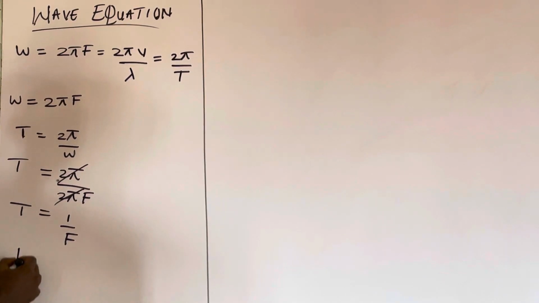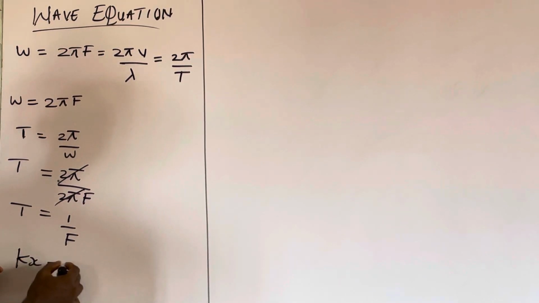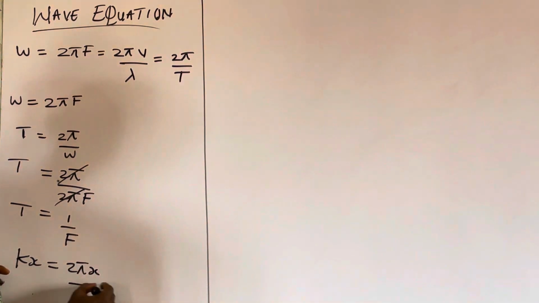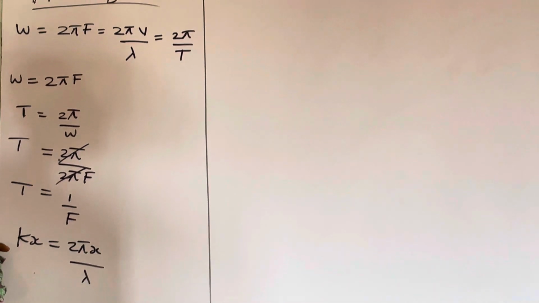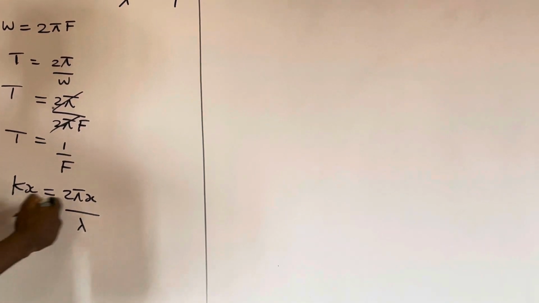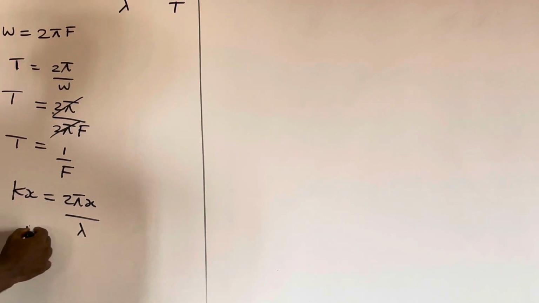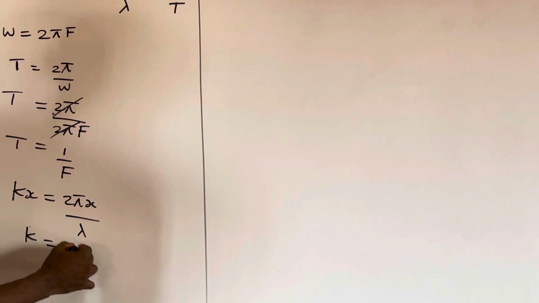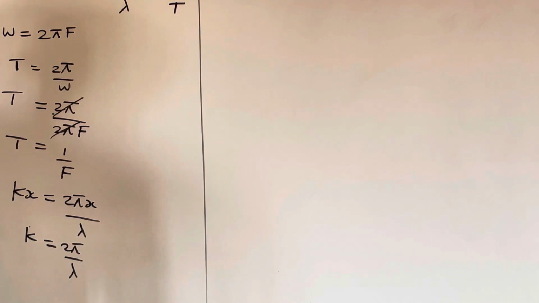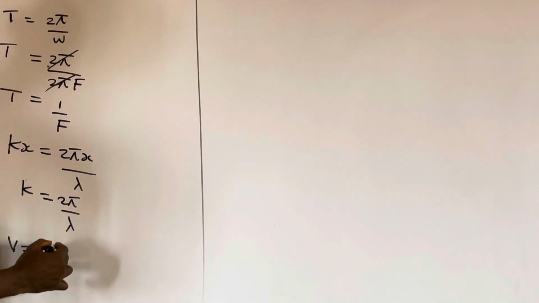Again, I want you to know that kx is equal to 2 pi x over lambda. But if you cancel out x on both sides, k will be equal to 2 pi over lambda. Good. Another thing I want you to know is that v is equal to f lambda.